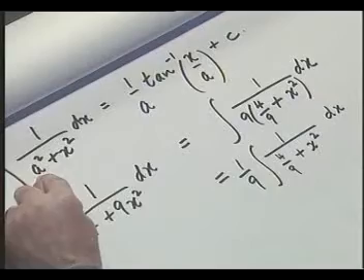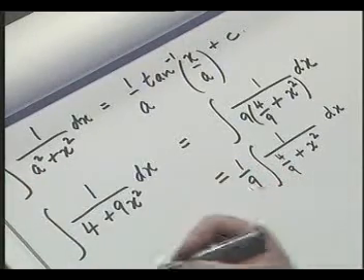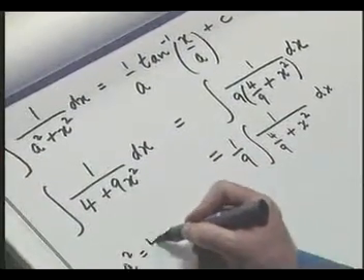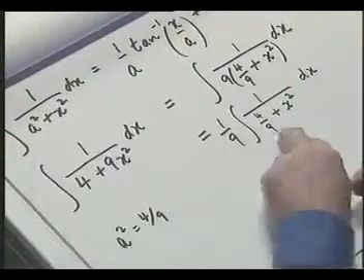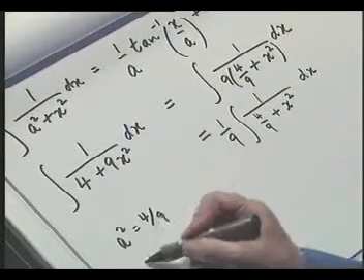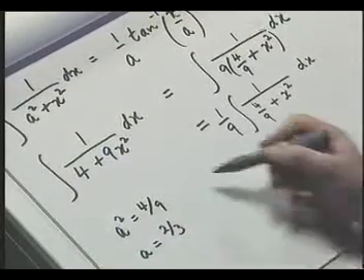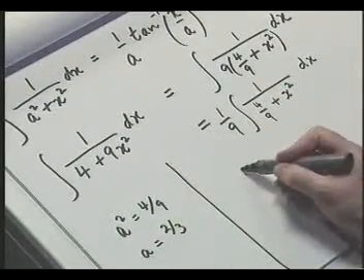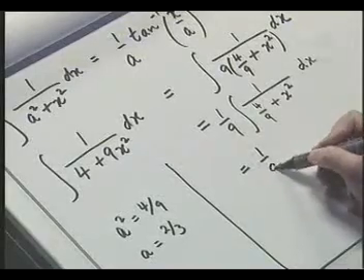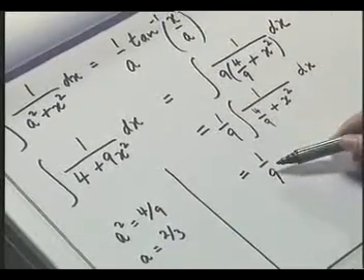And I hope you can see that this is exactly one of the standard forms now when we let a squared be 4 over 9. If a squared is 4 over 9, a will be 2 over 3. And we can complete this integration using the standard result. The 1 over 9 stays there.